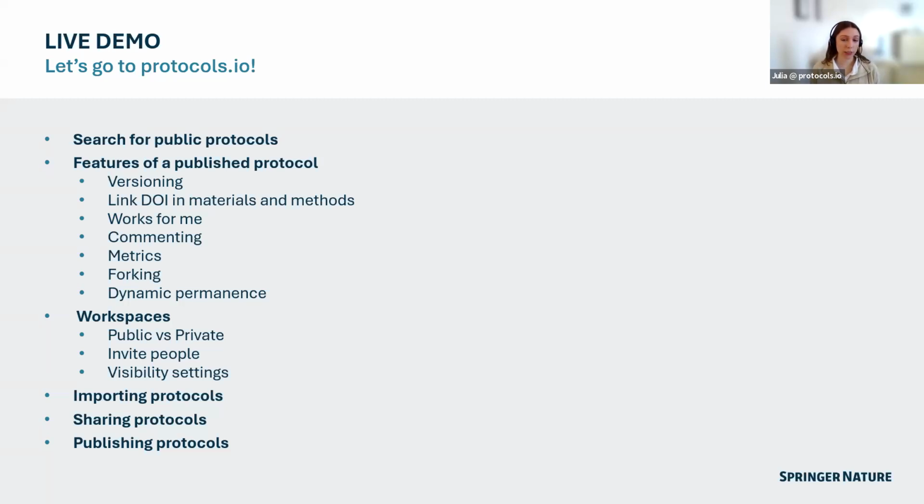I'll show you workspaces and the difference between public and private workspaces, how you can invite people into your workspace, change the visibility settings of that workspace, how you can import protocols from Word or PDF documents into that standard stepwise protocols.io format, share them with other people, and eventually publish them. So I will stop sharing and then re-share my screen.